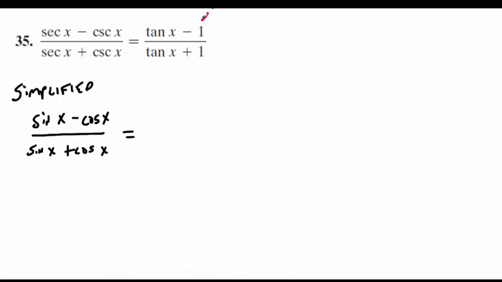Now I have to go through the process to do that same technique on this side. So I want to take this tangent x minus 1. I'm going to change this into terms of sine and cosine. So I know that tangent is the same as sine of x divided by cosine of x, and that's minus 1. I can't add or subtract those together the way they stand, so I have to get a common denominator.